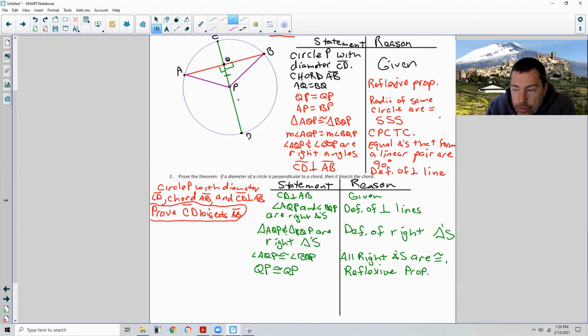Now I have an angle and a side. And now I'm going to say AP is congruent to BP. Reason: all radii in a circle are equal.